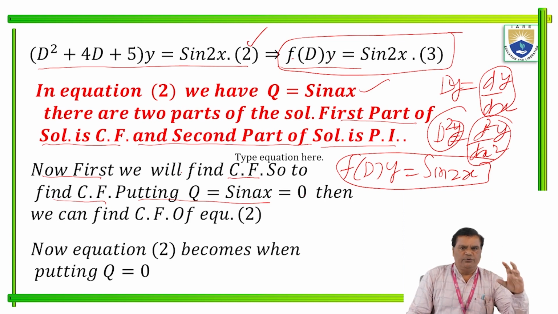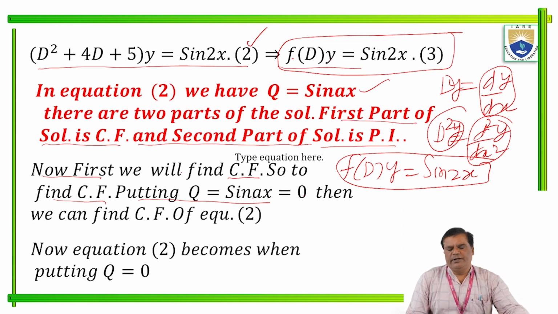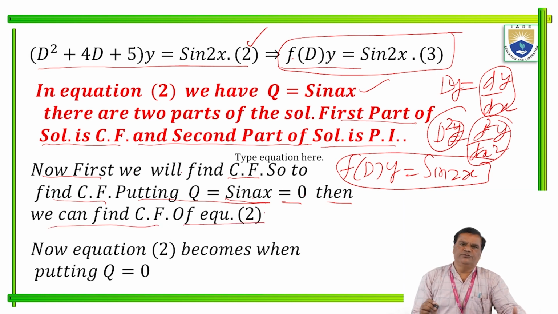Without putting q equal to 0, we cannot find the complementary function. Q is here sin 2x, so we put it equal to 0 in our question. Then we can find the CF of equation 2.